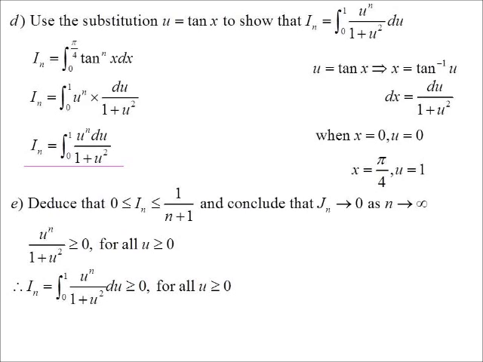So therefore, the integral from 0 to 1, because u is greater than or equal to 0, if I was to imagine that graph, it would always be above the axis. So that integral must have a value which is always positive, or theoretically it could be 0. So that's the first part. I can show I_n is greater than or equal to 0. That's the easy bit. Now let's have a look at the other bit.